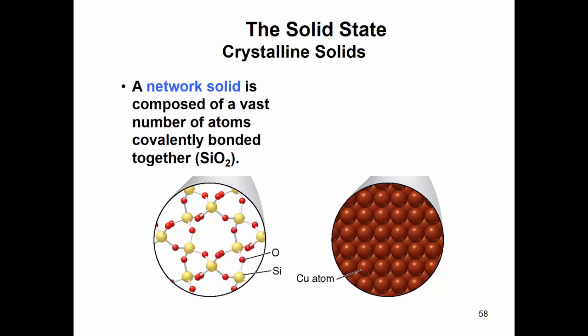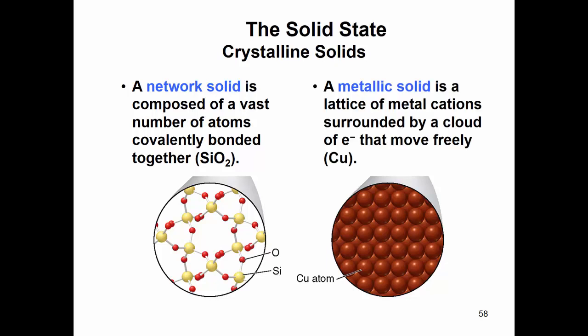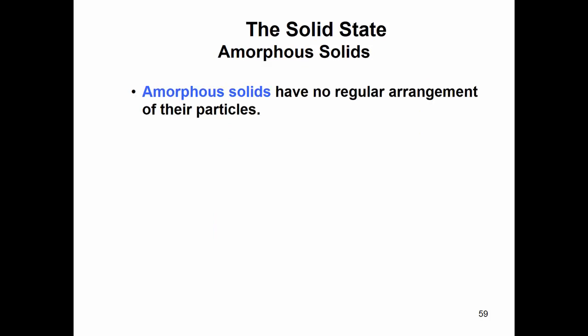A network solid has a vast number of atoms. They're covalently bonded together, and then they make a neat arrangement, a neat network as they're named there. And then metals. So a metallic solid is when you have a lattice of just metal cations, and they're just surrounded by a cloud of electrons that move freely. But these are all ordered.